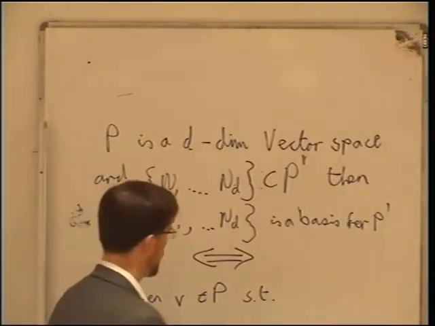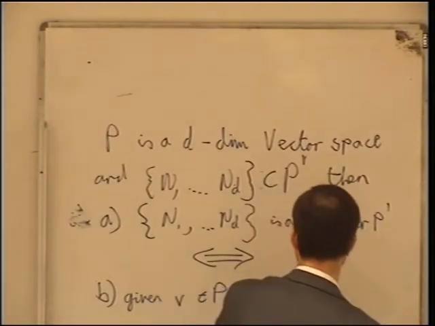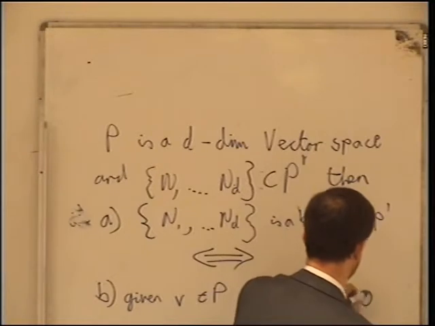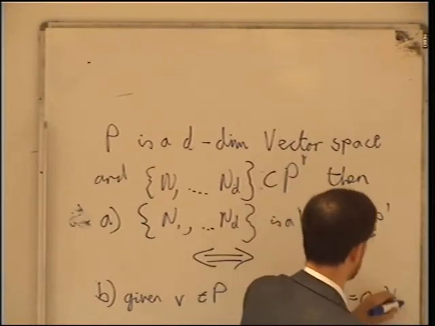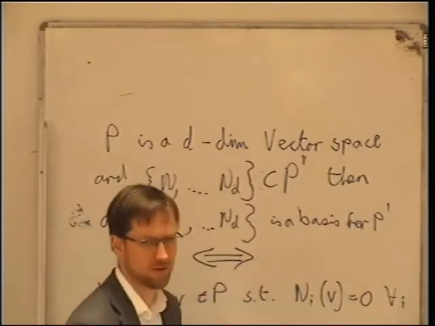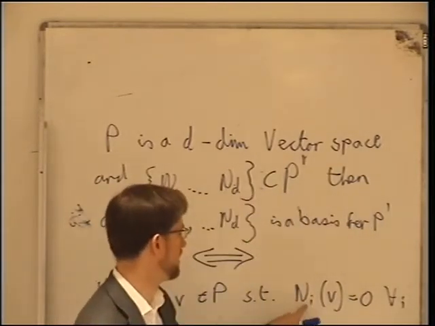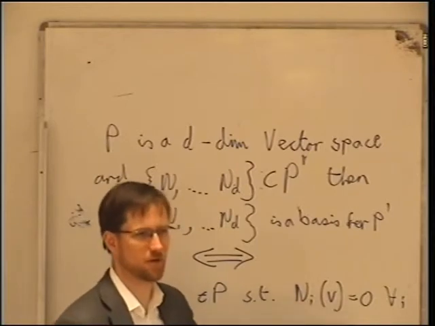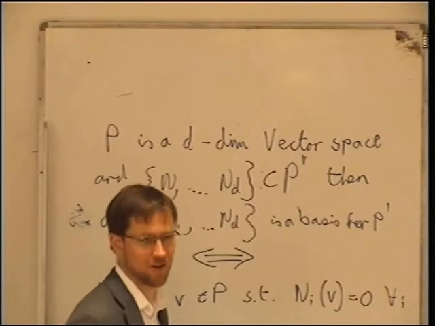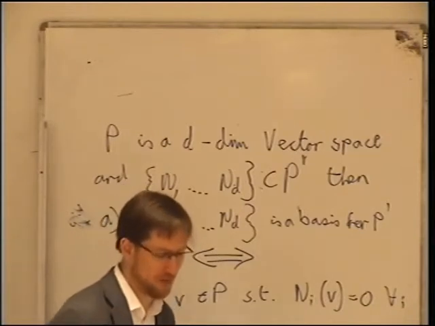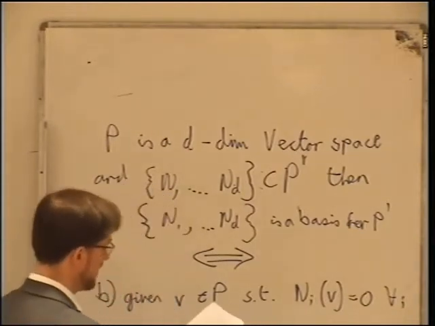What they want to write is Ni of V equals 0 for all i, so for all the ones in that set. What they actually wrote was Ni, and then they left the brackets off, which is a typical mathematician's notation for this. It's just not the one they used in the rest of the book. They forgot the notation they were using.